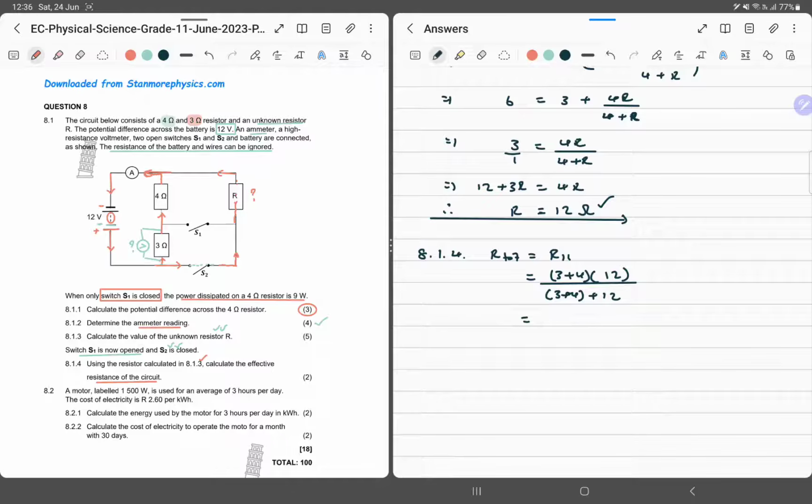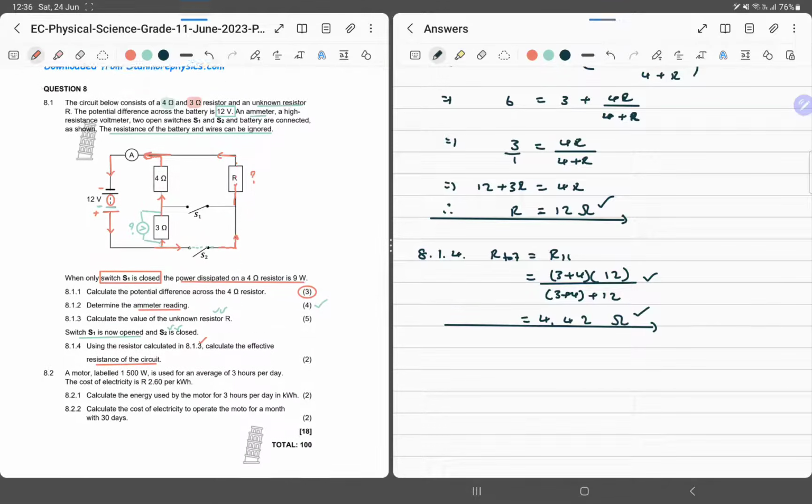So I'm getting 4.42 to 2 decimal places ohms. So that is cool. So substitution and answer, because it's just 2 marks.